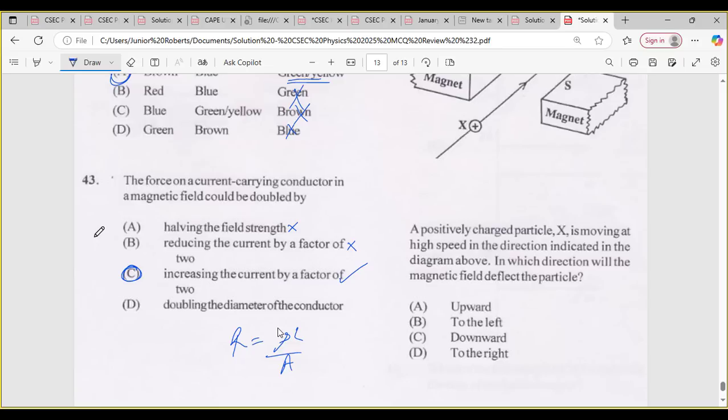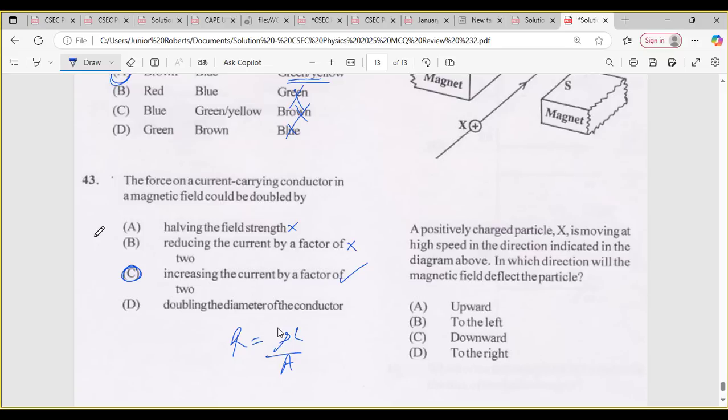So it says to double the force, we can increase the current by a factor of 2. Right, so yeah, C is correct. Double the diameter of the conductor, resistance is that.